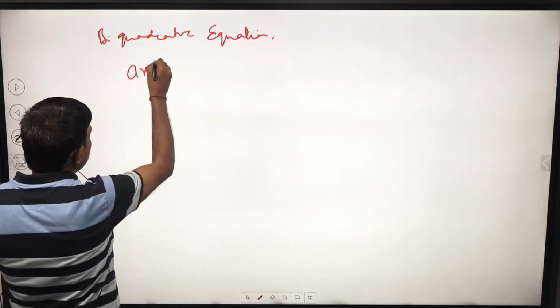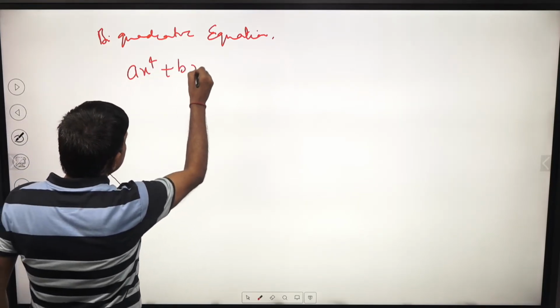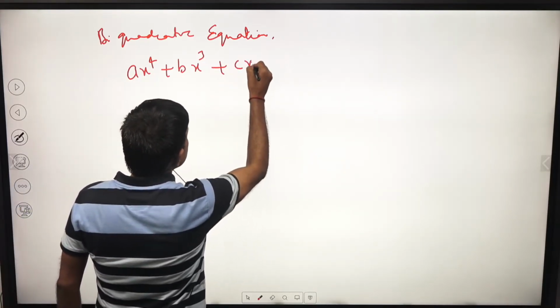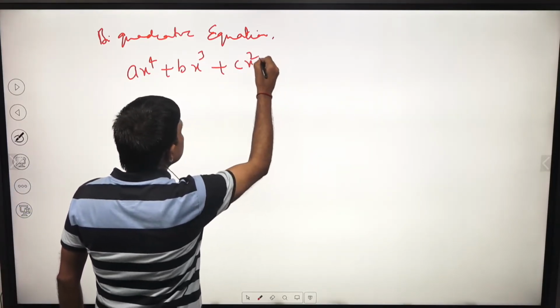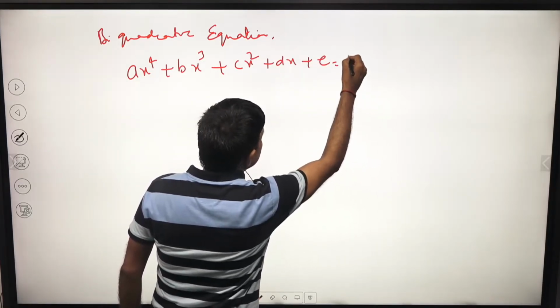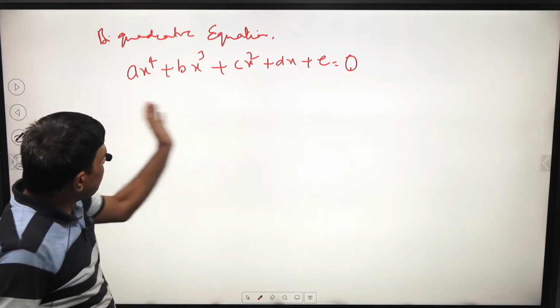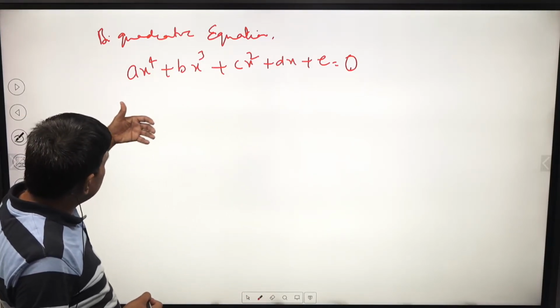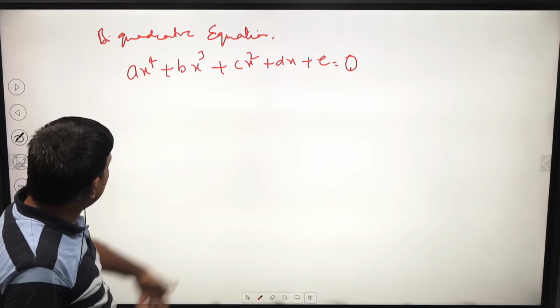So ax raised to the power 4 plus bx cube plus cx square plus dx plus e equal to 0. Generally we expand the linear to quadratic, quadratic to cubic, cubic to quartic.